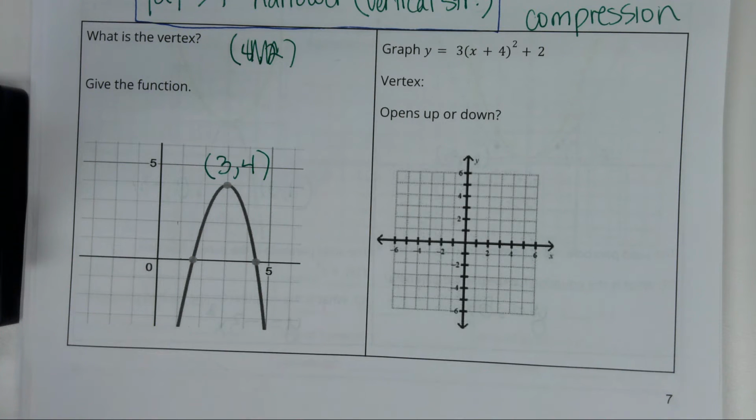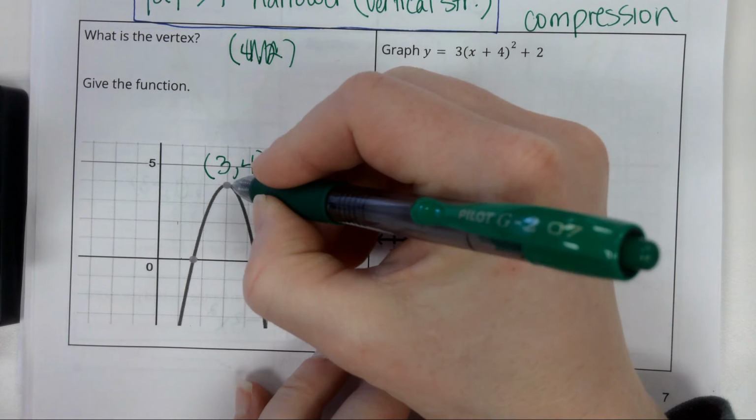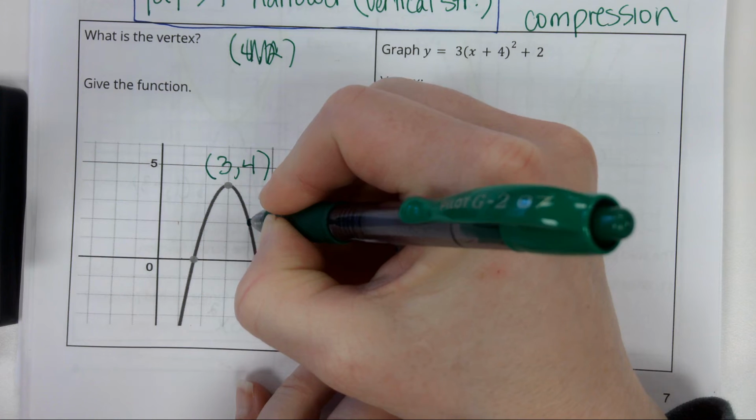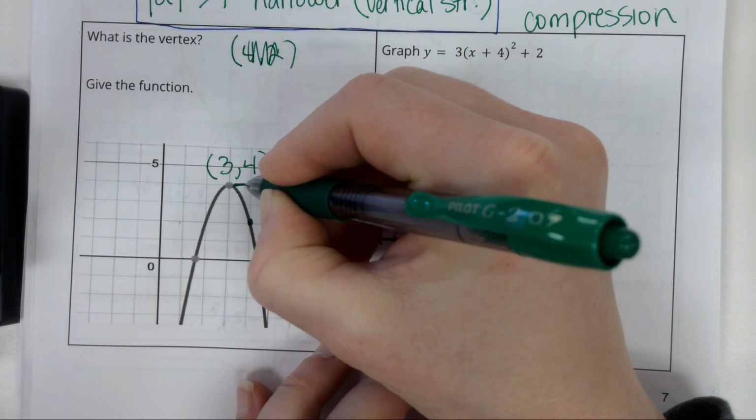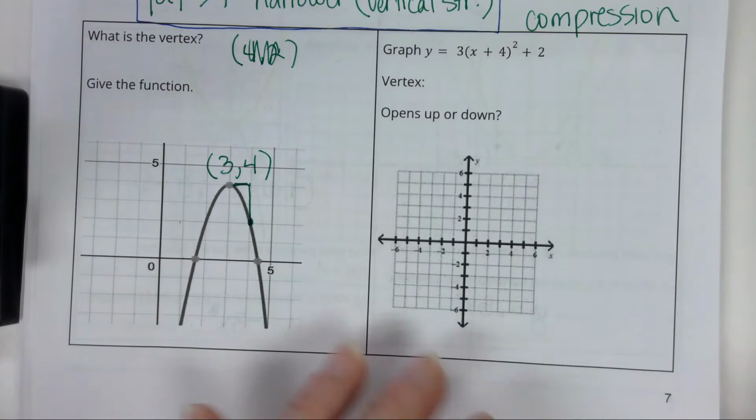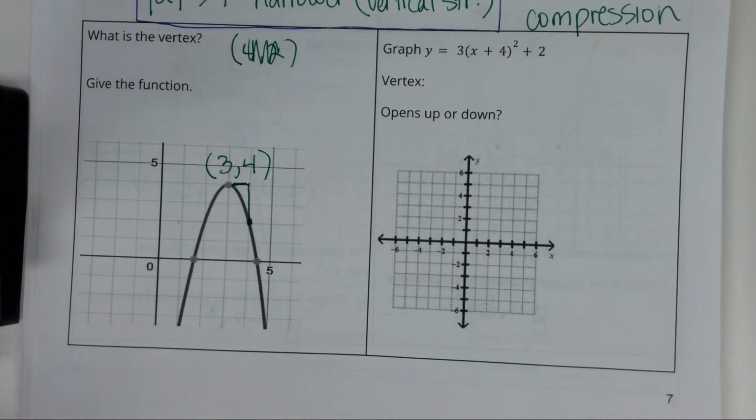Okay, and then let's do our thing. I'm not going to lie, this is not the easiest thing in the world to put all together. It goes over 1, down 2. What's A? A is 2, but it's going to be negative because it's opening down. Okay, you ready? Let's put it all together.